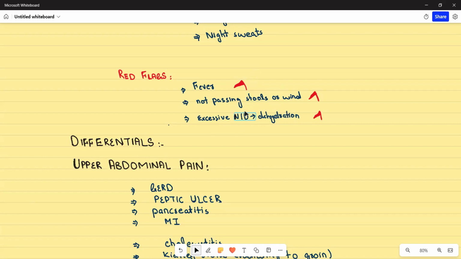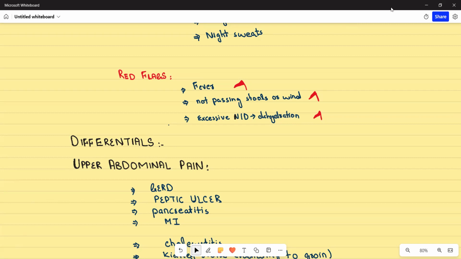Because the patient is vomiting a lot, or the patient is going to the toilet frequently because of diarrhea, and the patient can get dehydrated, and you need to admit the patient to give them IV fluids. So these are the three red flags that you need to keep in mind. That is fever, absolute constipation, and excessive vomiting and diarrhea. That is dehydration.